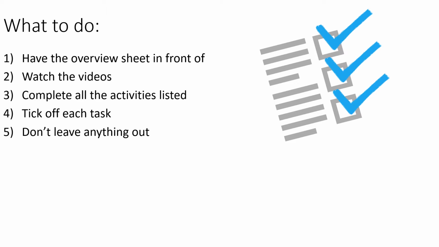Do not leave anything off so that you can tick off each task and we know that you have fully grasped this topic, so that you have mastered this and you can show this, and your teacher can check up on you and see how well you have mastered this so that you can take this learning forward.